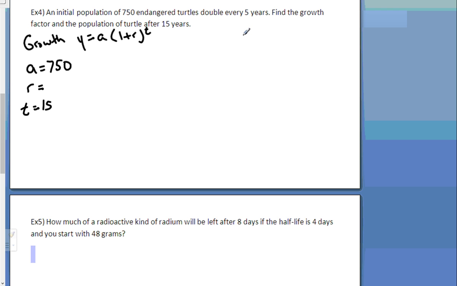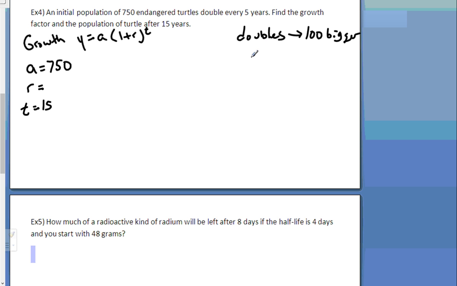When something doubles, what percent is it getting bigger? It's not 200% bigger. Doubling means it gets 100% bigger, and I spent a lot of time in class talking about this, but when something doubles, it gets 100% bigger each time.